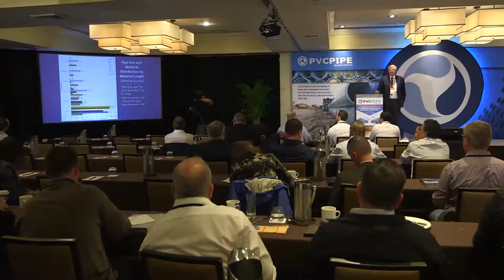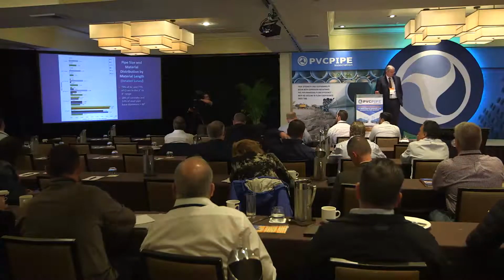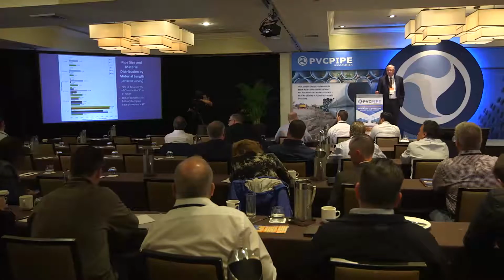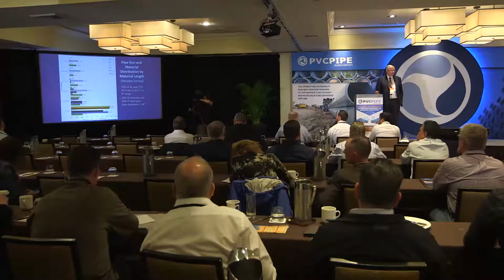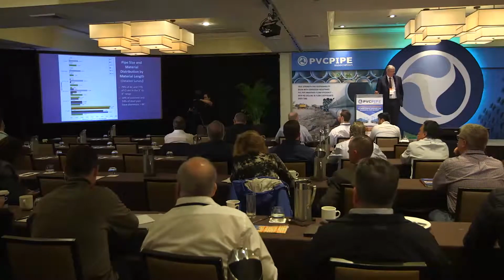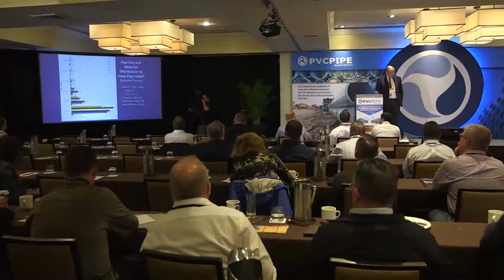Obviously, on the higher diameter, what's out there? Cast iron and steel pipe, primarily, that's bigger than 48 inch. They dominate in the larger diameter. So that might be of interest to your marketing people on those distributions.